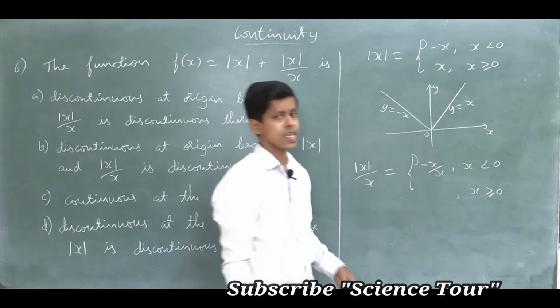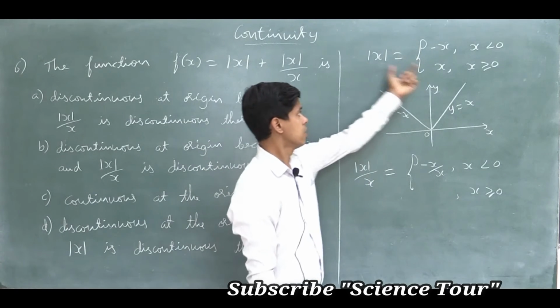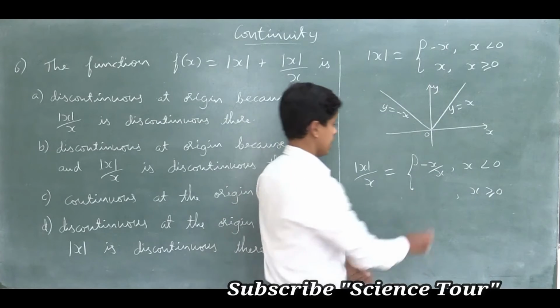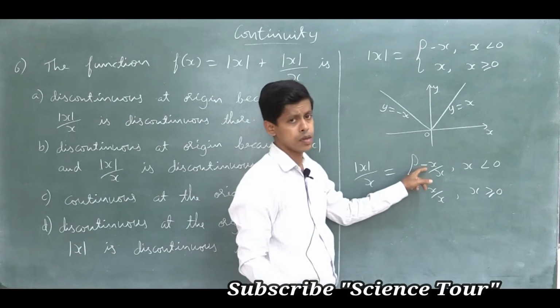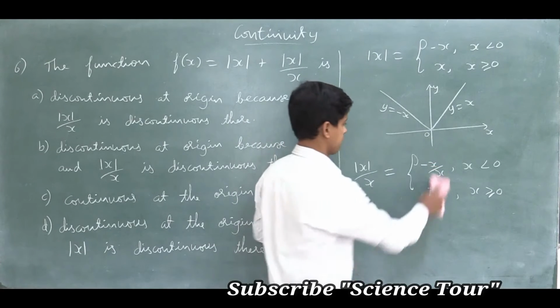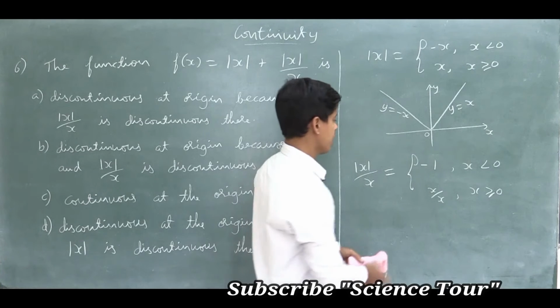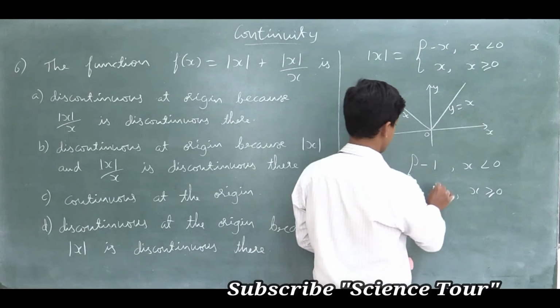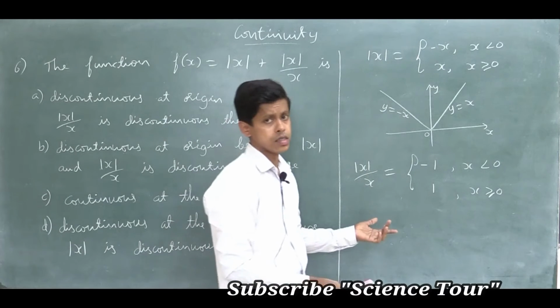If x is greater than or equal to 0, in place of mod x, you have to write x, hence that will be x by x. So in other words, this will be minus 1 because you can cancel out x here. So this is minus 1 when x is negative, and it is plus 1 if x is greater than 0.